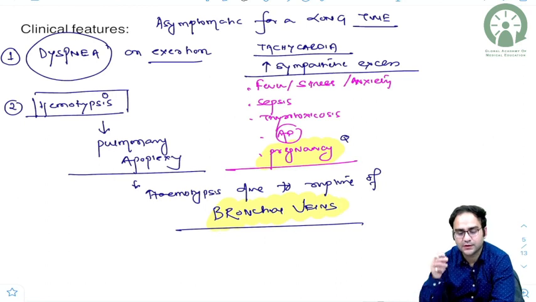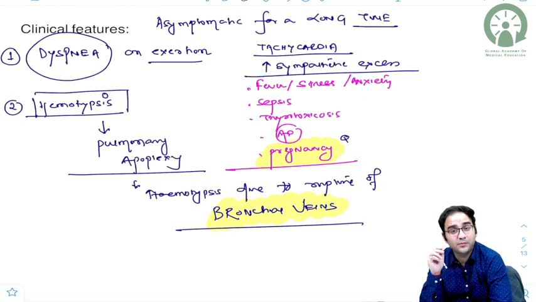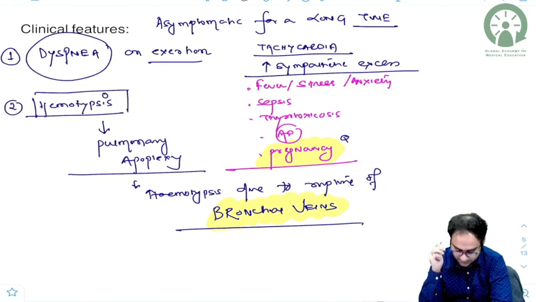So in neurology, you read about pituitary apoplexy, and in cardiology, you have to read about pulmonary apoplexy. So pulmonary apoplexy is basically the hemoptysis due to the rupture of bronchial veins.